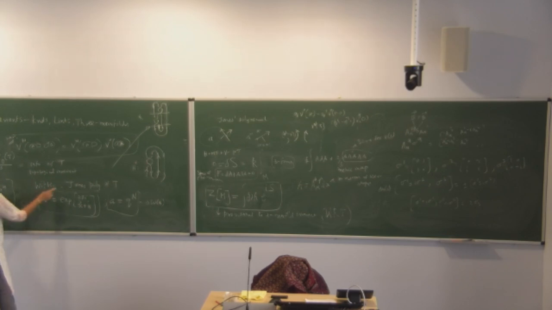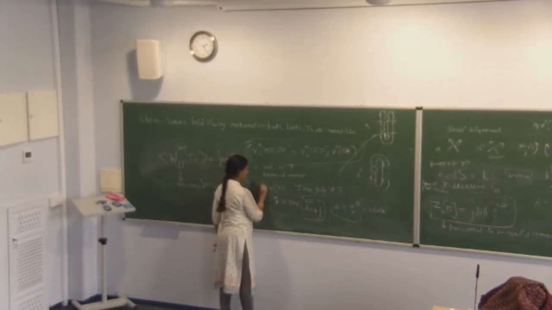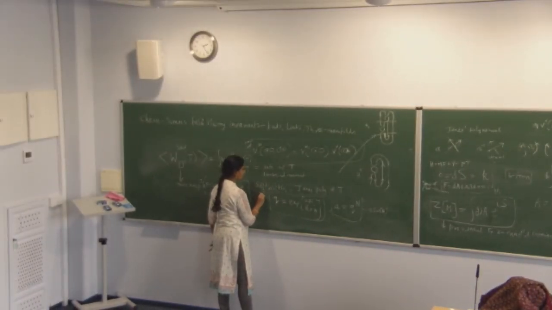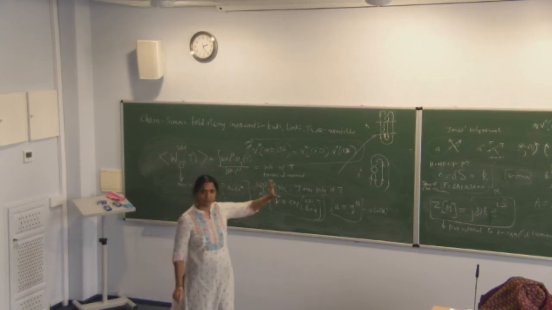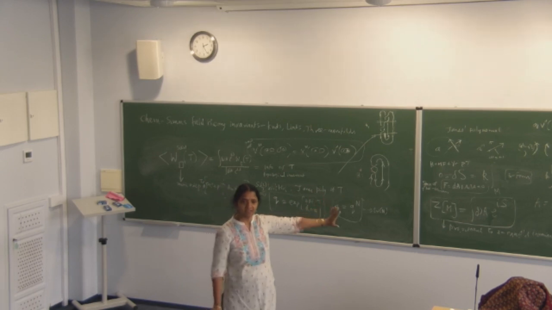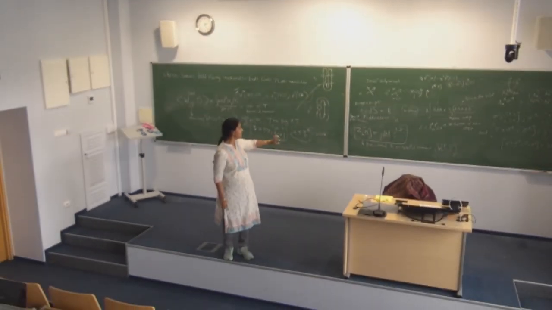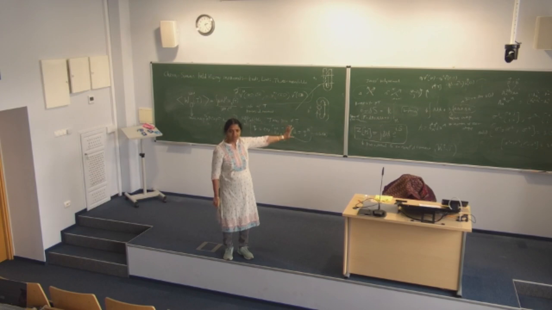We will confine to SU2, which is N equal to 2. But he reproduced even for SUN with fundamental representation that you get the HOMFLY-PT polynomial.